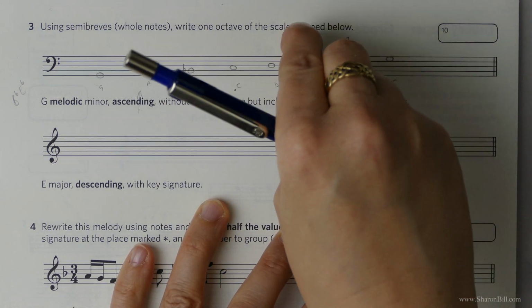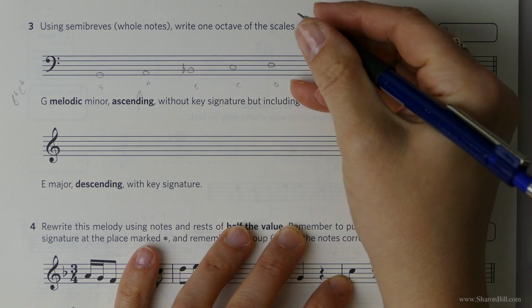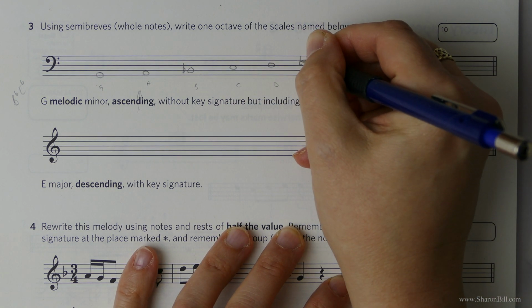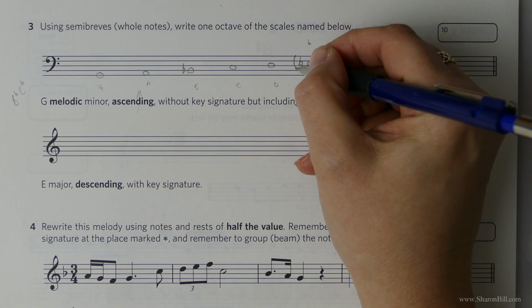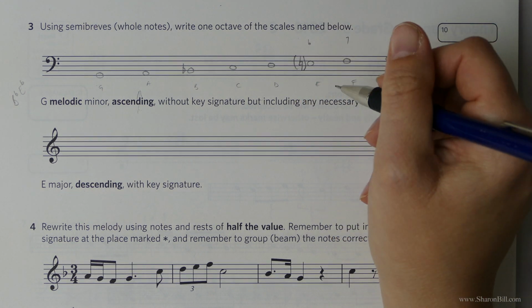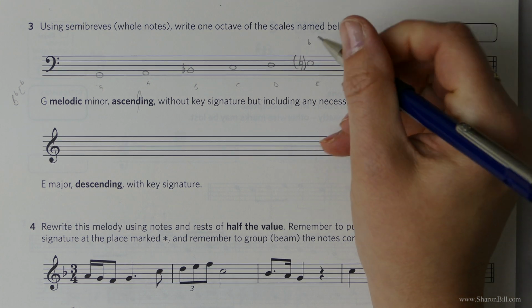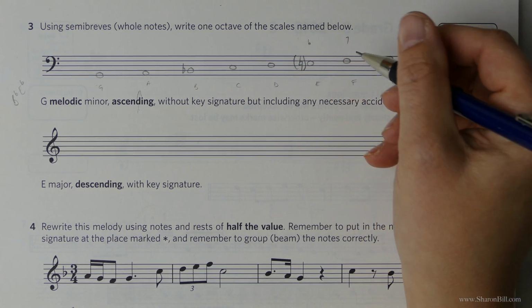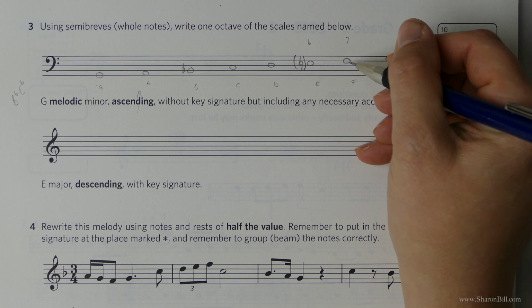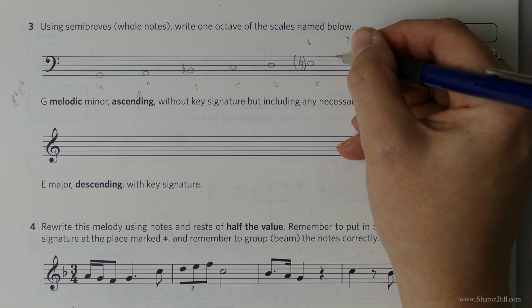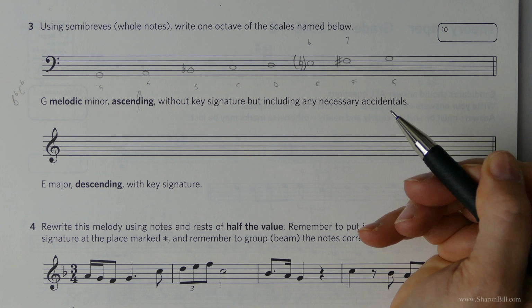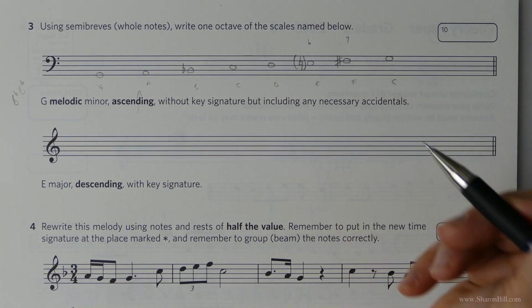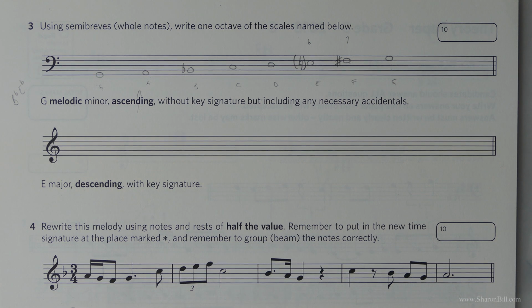You can either just leave it as a plain old E, or you could put it with a natural sign, or because that natural sign is kind of redundant, you could put it in brackets to show you've done your thinking, even though it's not required. So there's the 6th degree raised, and now the 7th degree is an F natural, and so to raise a natural we add a sharp. So there's our 6th and 7th degree steps raised. So that's now complete. Let's press on.